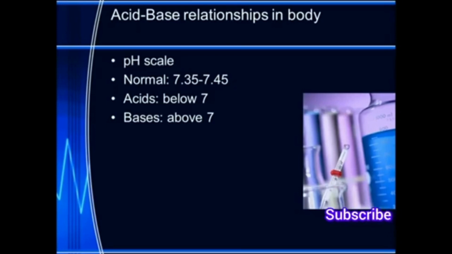We have a representation of the amount of hydrogen that is actually present in a solution. The amount of hydrogen in that solution is given a number and a term called the pH. P, little baby p, and then the H stands for hydrogen. And the more hydrogen present, the more acidic that particular solution is.